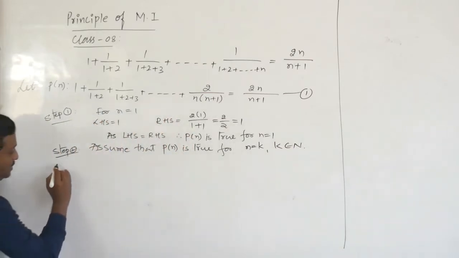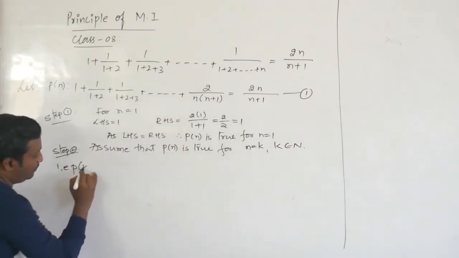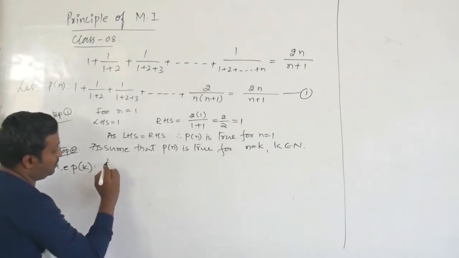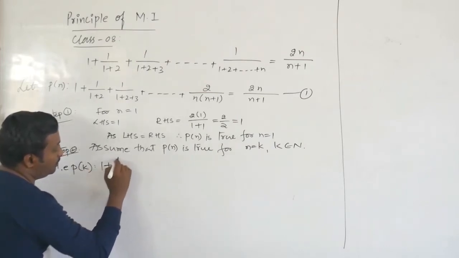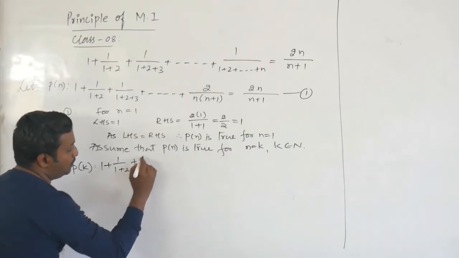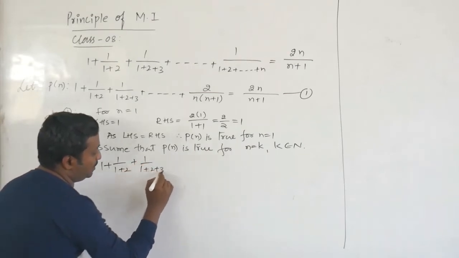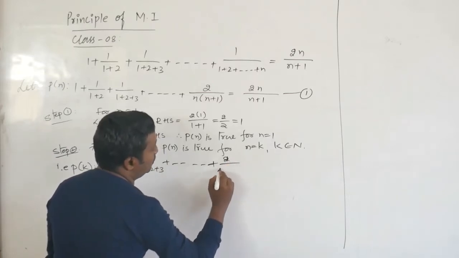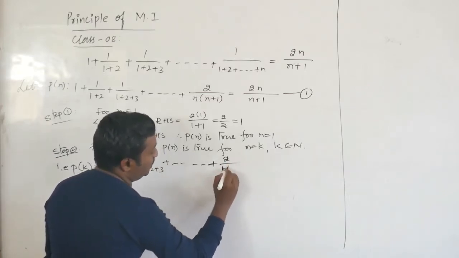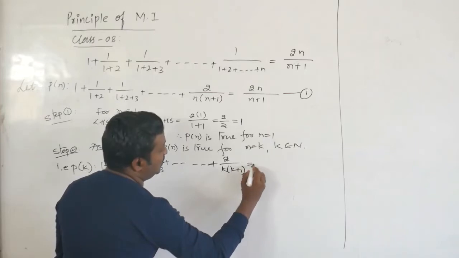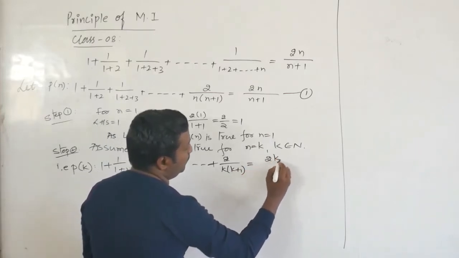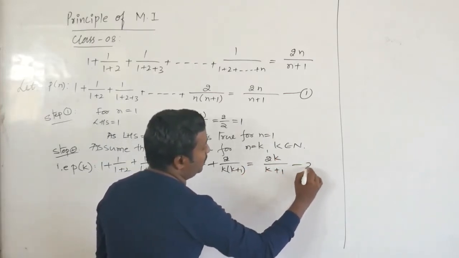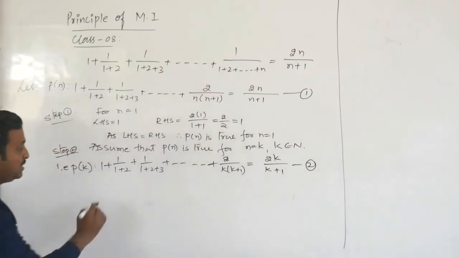So now we can write P of k: 1 plus 1 by 1 plus 2 plus 1 by 1 plus 2 plus 3 and so on plus 2 by k into k plus 1 is equal to 2k by k plus 1. I hope you did all these things, this is true.